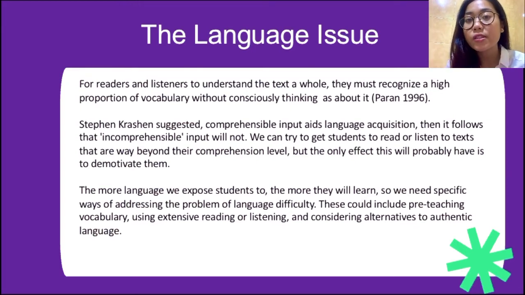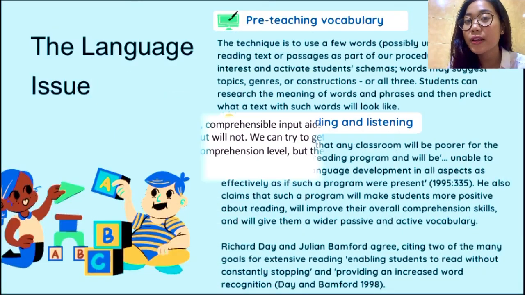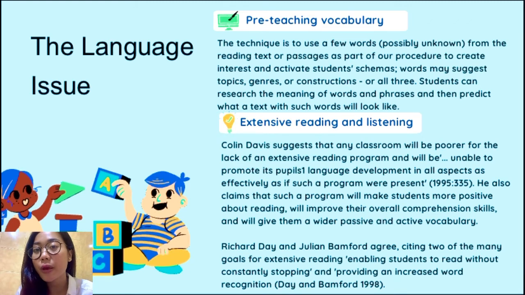The more language we expose students to, the more they will learn, so we need specific ways of addressing the problems of language difficulty. These could include pre-teaching vocabulary, using extensive reading or listening, and considering authenticity. The first is pre-teaching vocabulary.